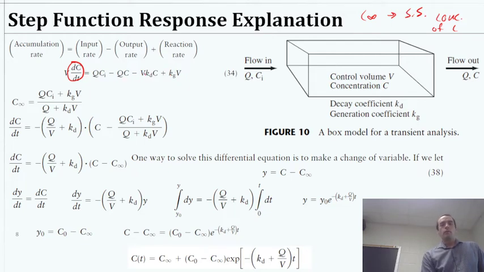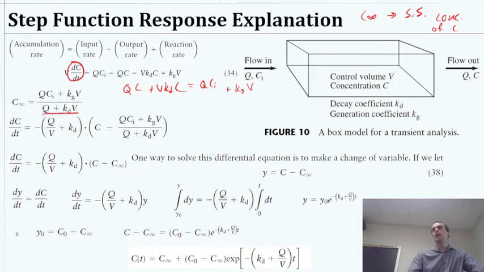And really all they do is move both C terms to the left side, which would be QC plus V K_D C equals QC_0, I tend to use the little naught, plus K_G V. From there, they factor out the C on the left and then divide both sides by what's remaining, which is that Q plus K decay times volume.